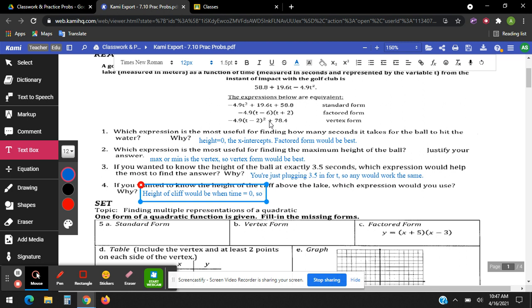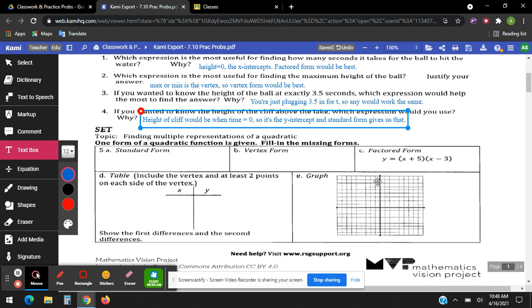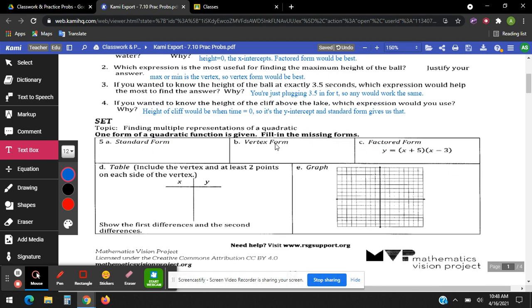So that means the y-intercept, and that's the standard form, right? Because if we plug in a 0 for our time, then 58.8 must be the height of the cliff. All right, so that should help you out on that one.